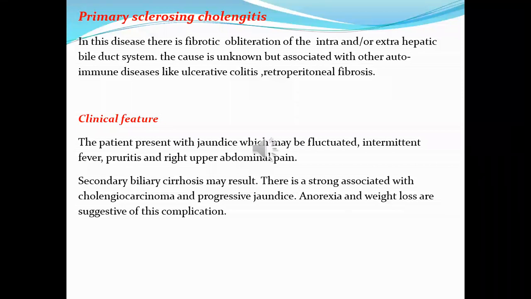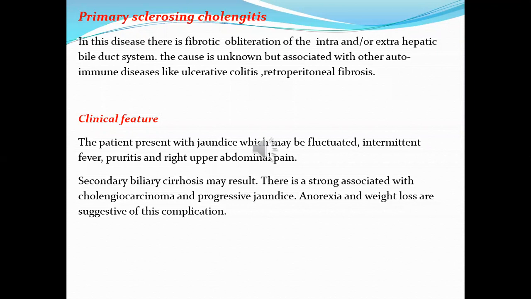Secondary biliary cirrhosis may result from primary sclerosing cholangitis. This is strongly associated with cholangiocarcinoma and progressive jaundice. Sometimes the patient presents with anorexia and weight loss, suggestive of this complication.